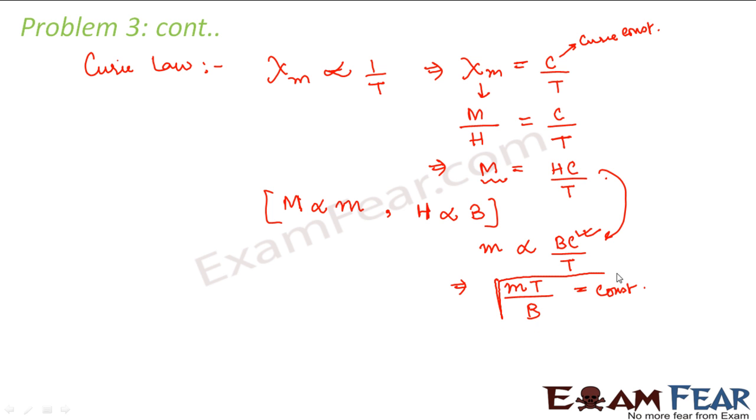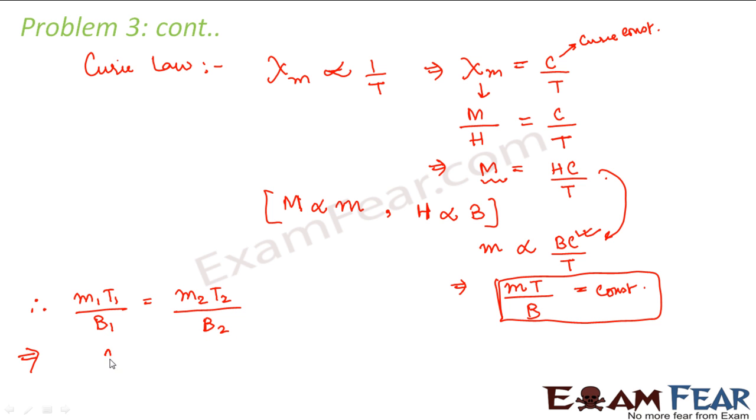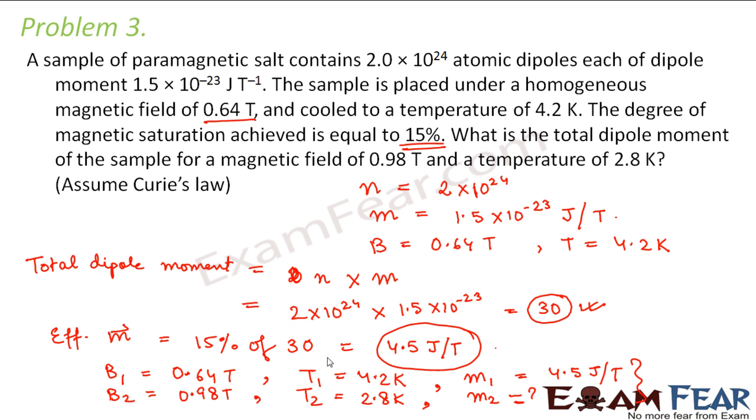So now using this, we can write that M1 T1 by B1 should be equal to M2 T2 by B2, right? So from this we can say that M2 is equal to M1 T1 B2 divided by B1 T2. So now we will quickly put in the values which we already have.